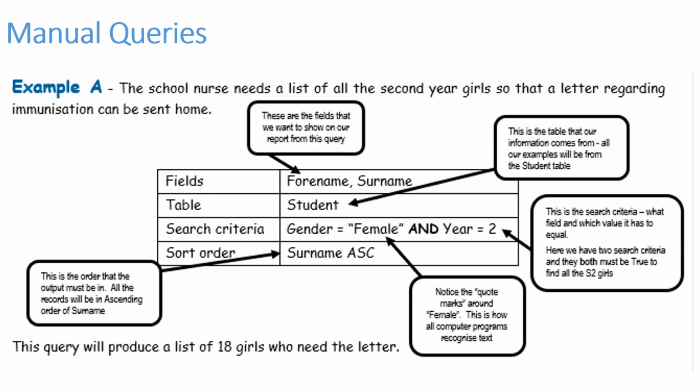So the sort order is then going to output the data in ascending order of surname. Now, if I write that query and run it in our database software, it's then going to produce 18 records. And those 18 records are all going to be the first name and surname of all girls in second year, sorted by ascending surname.